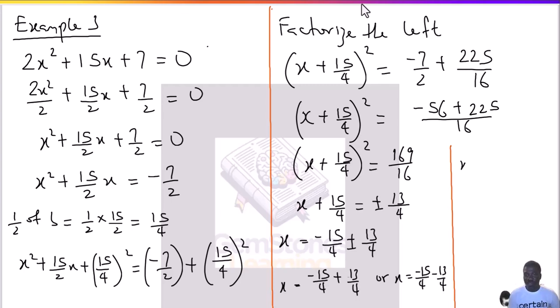So from here, my x will be equal to minus 2 over 4, or x is equal to minus 28 over 4. So my x is equal to minus 1 over 2, or my x is equal to minus 7.